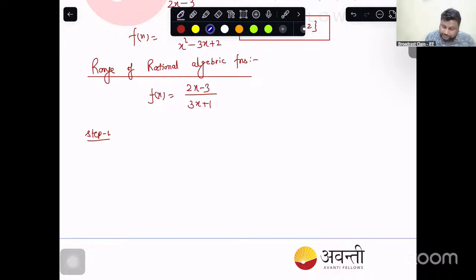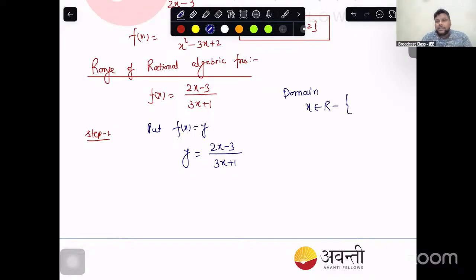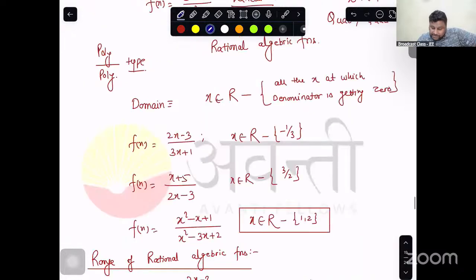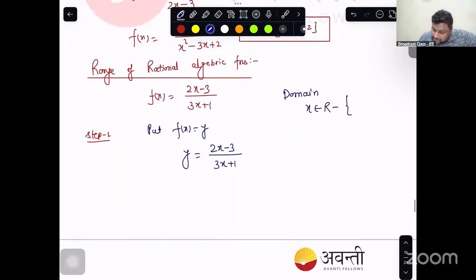Step 1, put f(x) = y. So you get y = (2x - 3)/(3x + 1). Before that, if I write its domain, domain is x belongs to R minus. Now what is x at which the denominator is getting 0? Minus 1 by 3.